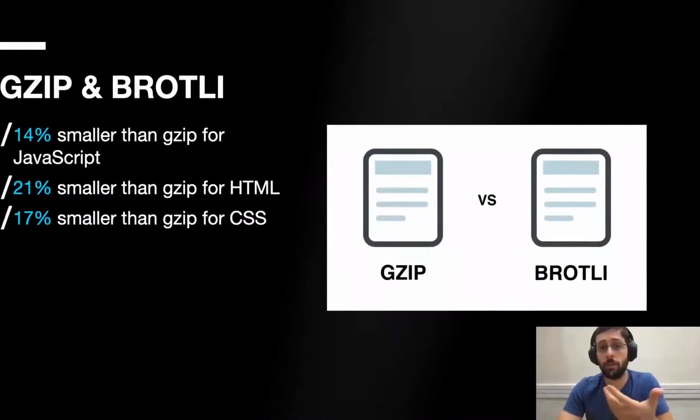If you want to go further, you have Brotli. Brotli is also a compression algorithm. It is developed by Google and serves best for text compression. As you can see, it's 14% smaller than gzip for JavaScript, 21% smaller than gzip for HTML, and 70% smaller than gzip for CSS.